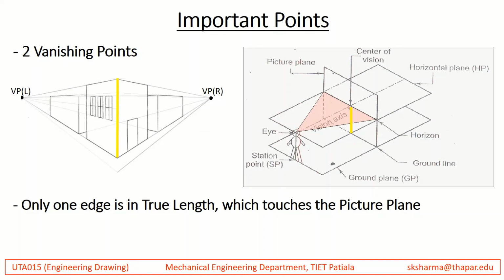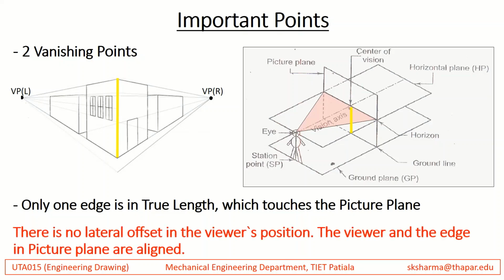In addition to all this, there is also one difference in the two-point perspective as compared to one-point perspective. That difference is that in case of two-point perspective, the viewer's position has no lateral offset. What does it mean? It means that the observer will always be standing along this line here, so that this observer here is always in alignment with this edge.